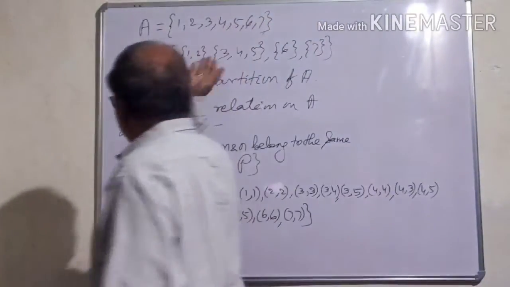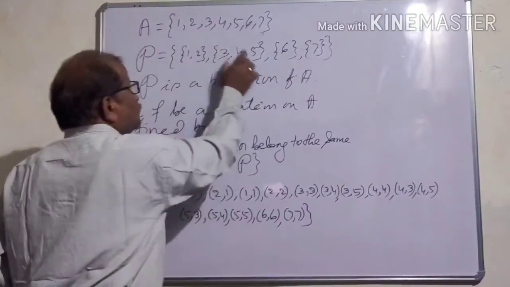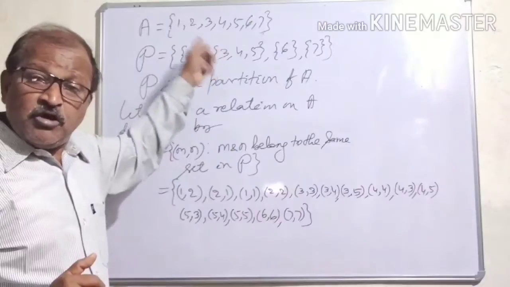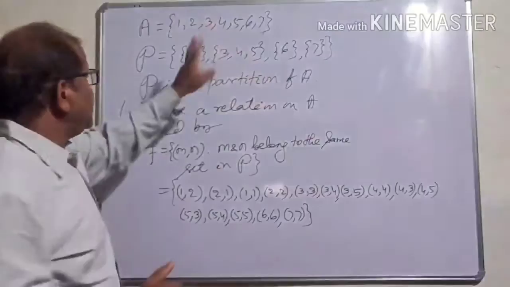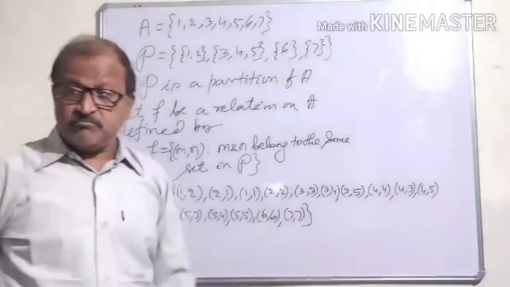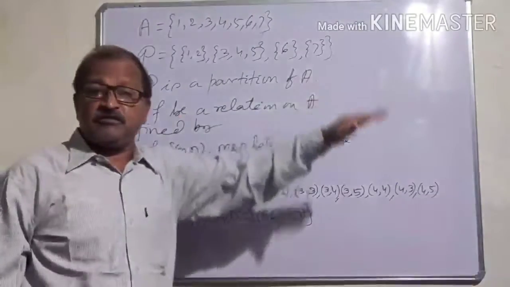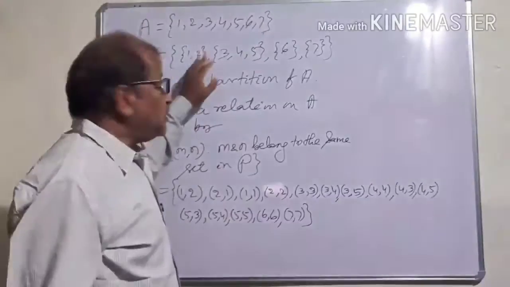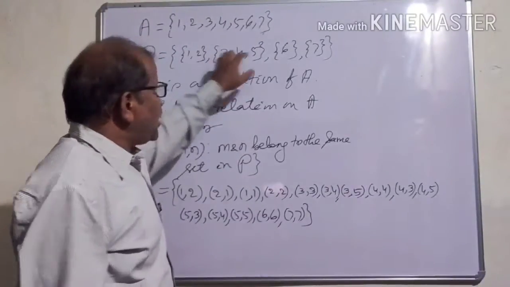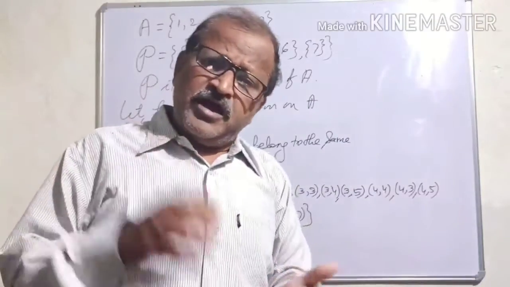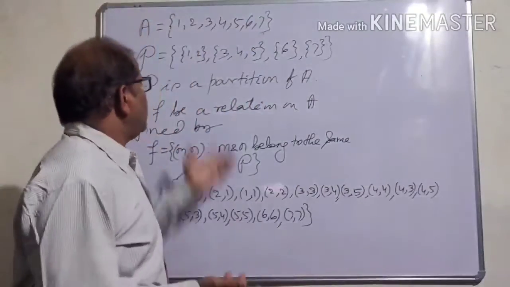Here you see, in the partition there are 4 subsets of A, and each of them is non-empty. First criterion: each of them is non-empty. Then they are pairwise disjoint. Pairwise disjoint means any two of them have no common element.